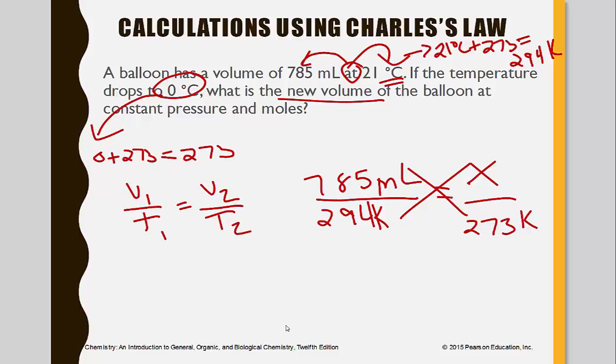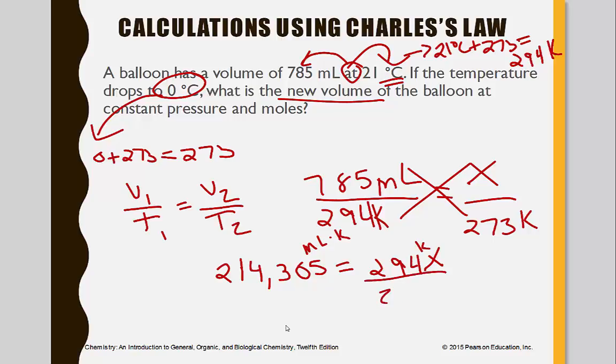785 times 273. That comes out to be 214,305 is equal to 294x. If we wanted to look at the units here, this would be milliliters times kelvins, and this would be kelvins. I'm going to divide both sides by 294 kelvins.